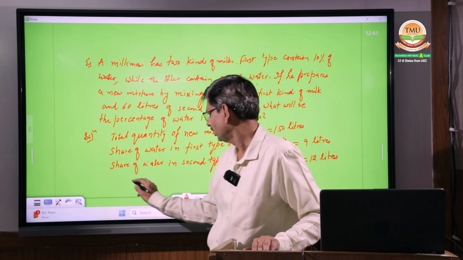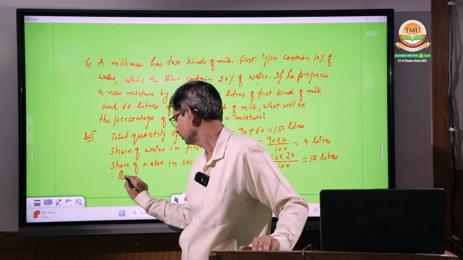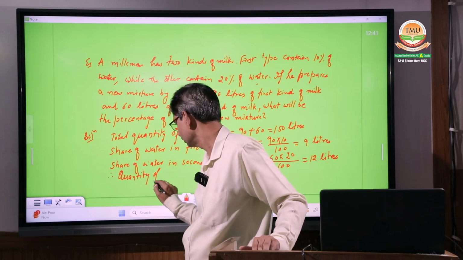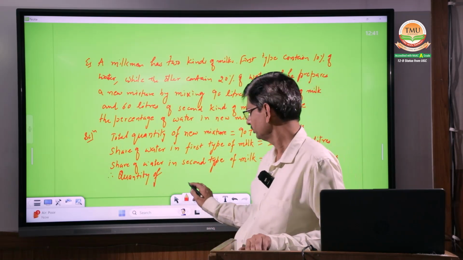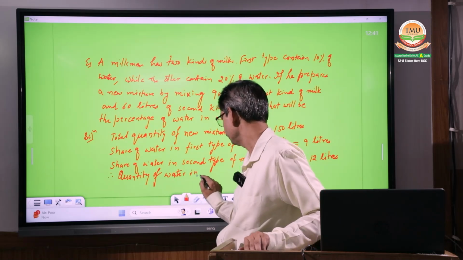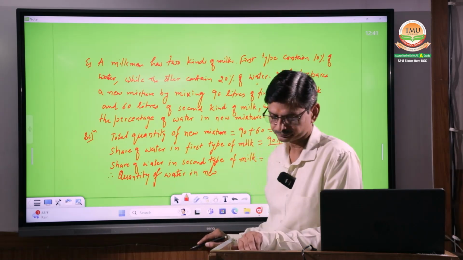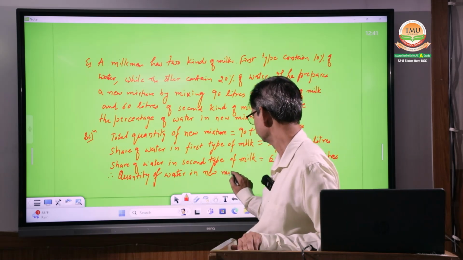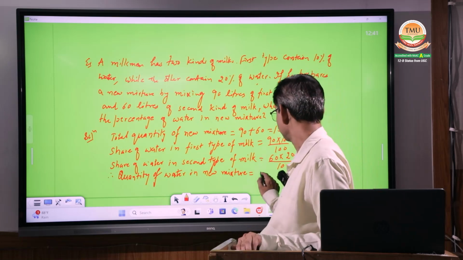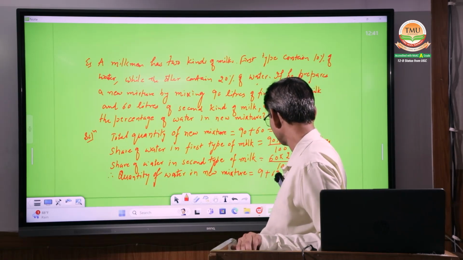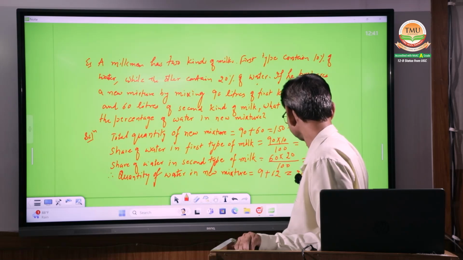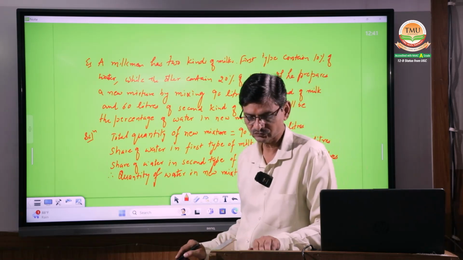And quantity of water in new mixture, that is 9 plus 12, which will be 21 liters.